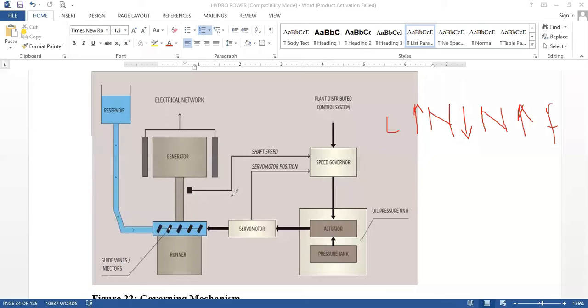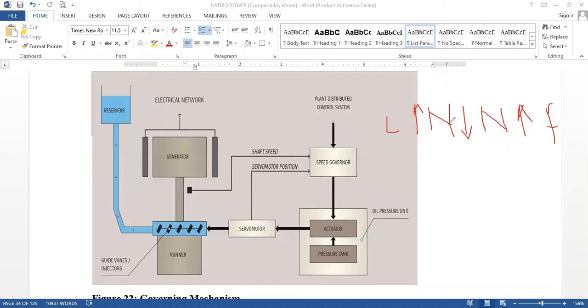So this mechanism will sense whenever there is an increase in load, which will be sensed by a sensing mechanism. We'll not discuss that in much detail here. Whenever that part comes, we will discuss it in detail. But right now, the only thing we will see is that whenever there is an increase in load, the speed will decrease.